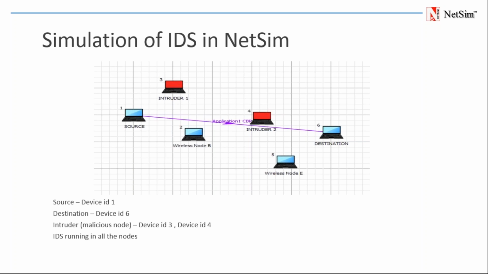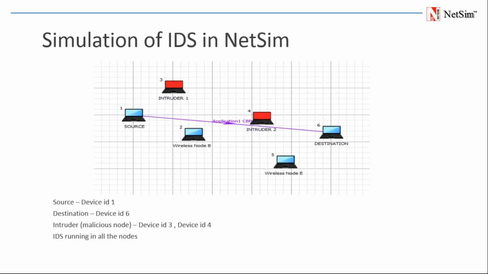Here in this scenario, two intruders are there. So when we set a watchdog timer and send a packet from source to destination, and it gets to the malicious node, up to our watchdog timer it sends the packet.